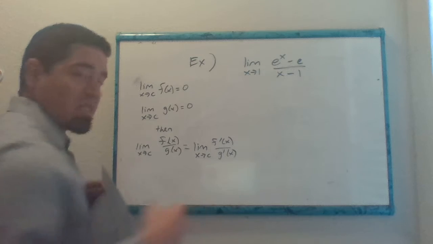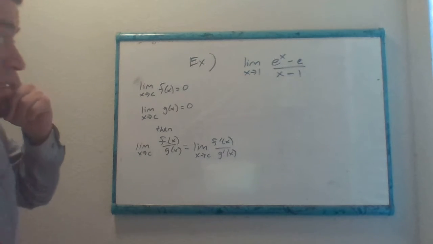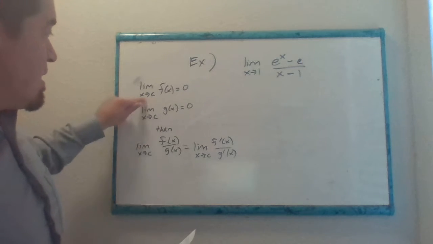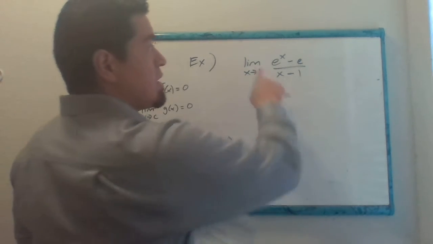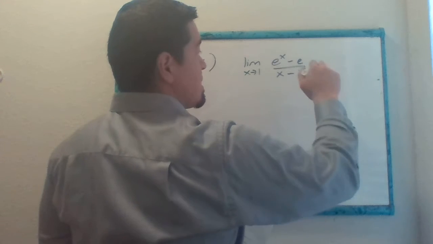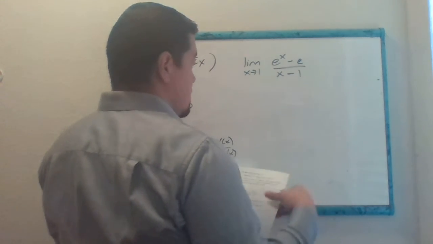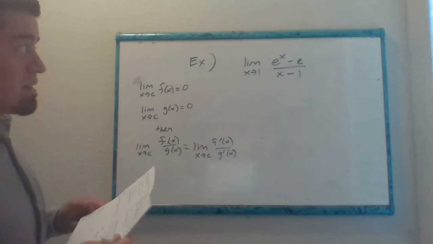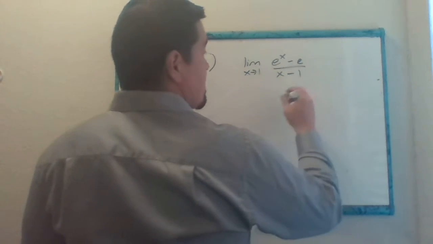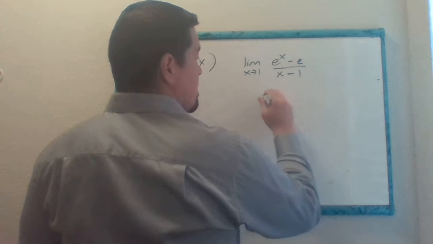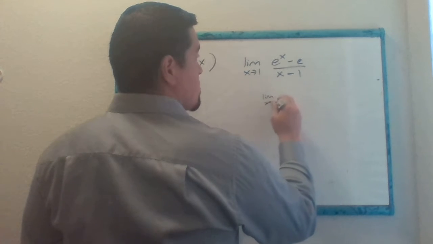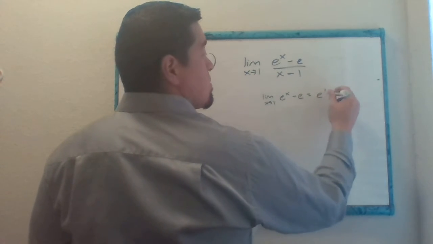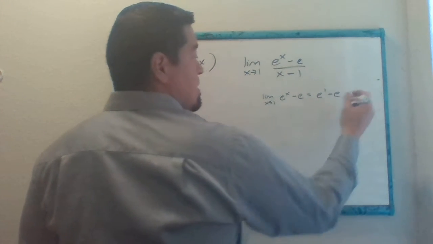Okay, so we're actually going to apply some of the derivative ideas here. So first things first, check that these are true. Does the limit of e to the x minus e as x approaches 1 apply there? Yes, because, and this is the check, the limit as x approaches 1 of e to the x minus e, direct substitution says e to the 1 minus e, which is e minus e, which is 0.